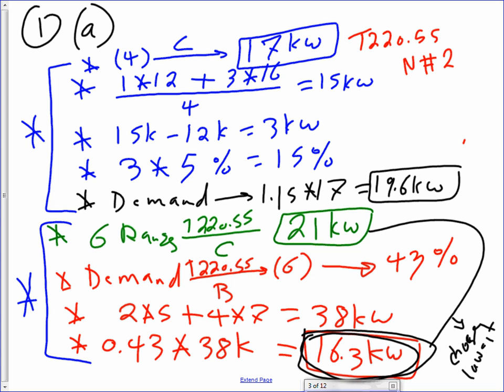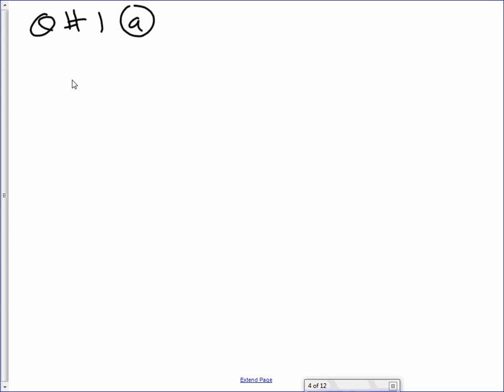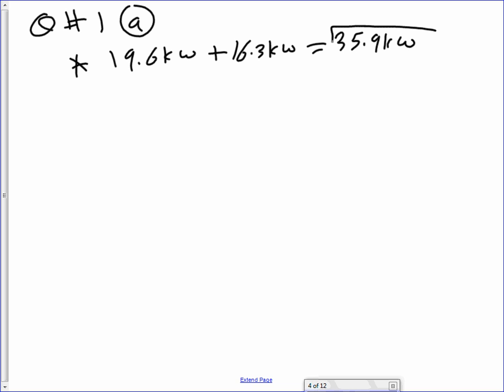Then I need to add the 19.6 for all this and the 16.3 to get my total. So you take the 19.6 kW, add it to the 16.3 kW, and that will get you a healthy 35.9 kW.